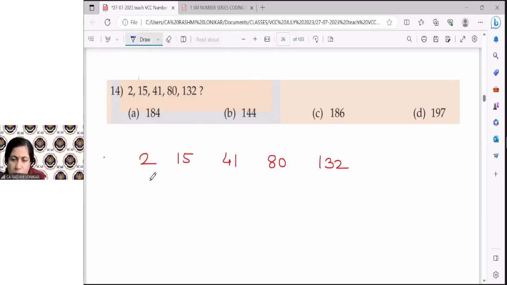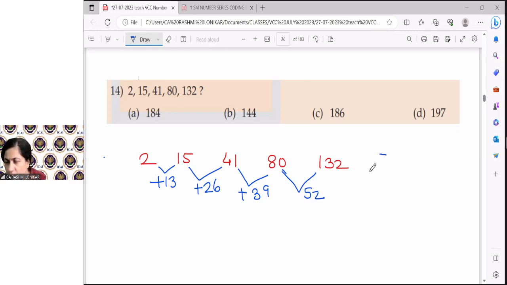Now, what is the difference? 2 plus 13 gives me 15. 15 plus 26 gives me 41. 41 plus 39 gives me 80. 80 plus 52 gives me 132.